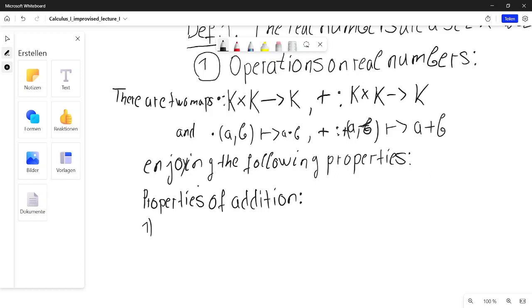Well, except for this map being defined here, it has some structural properties. What others? Well, associativity. With that, you're certainly familiar from the real numbers you know from school.